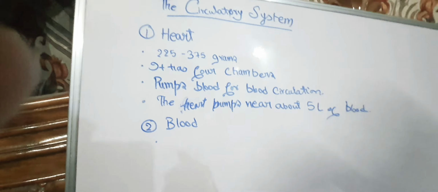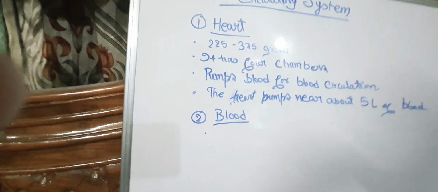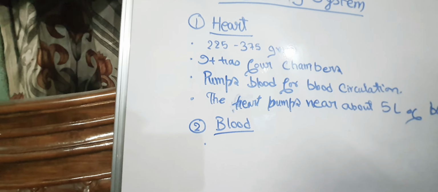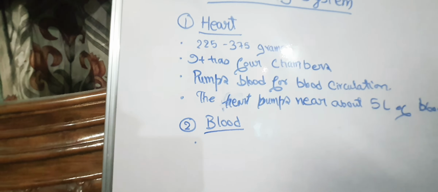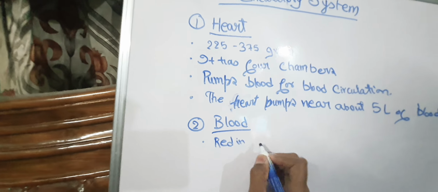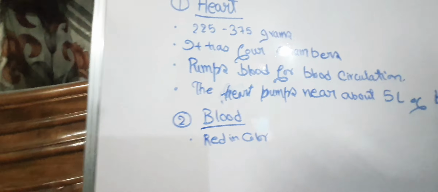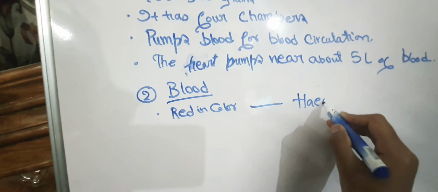The next point is blood. First was the heart, next is blood. Blood is a connective tissue, a liquid, which is primarily red in color due to the presence of hemoglobin.